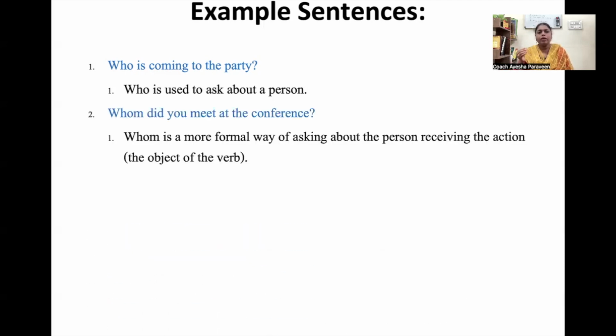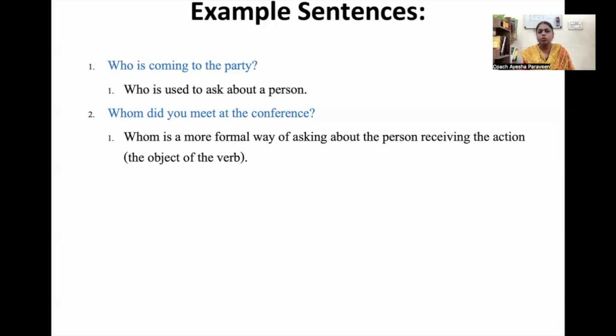Whom did you meet at the conference? Whom is a more formal way of asking about the person receiving the action. If it is the subjective case, who is used. If it is the objective case, whom is used.